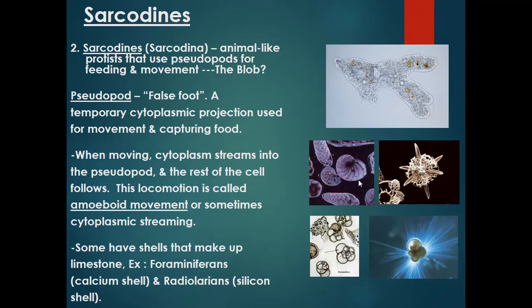The difference from the foraminiferan is that their shell is made up of silica, so they have a glassy appearance, while the foraminiferans are calcified. So that is the difference between the two groups, the Amoeba proteus, the foraminiferans, and the Radiolarians.